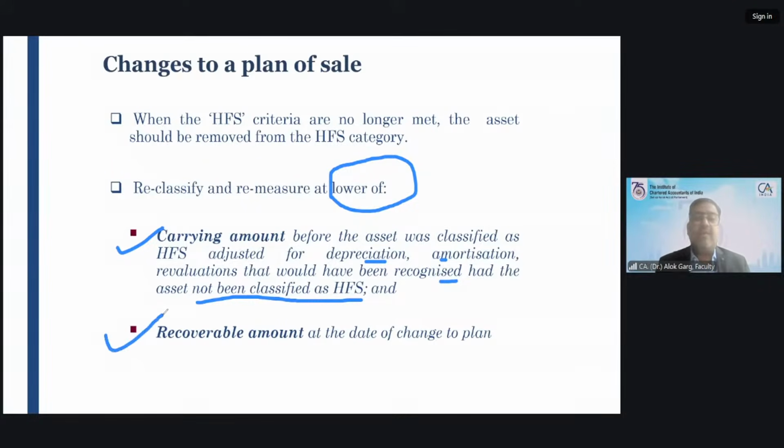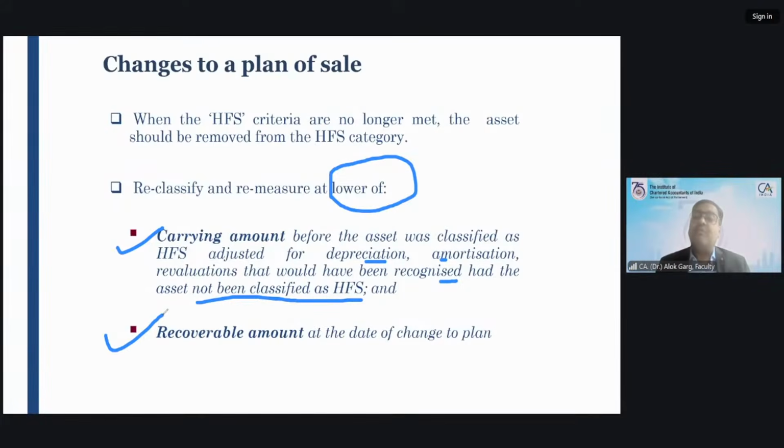Second, recoverable amount at the date of change of plan. Recoverable amount, right? What is a recoverable amount? The definition is given under Ind AS 36. Recoverable amount is the higher of fair value less cost to sell and value in use. Recoverable amount will be given in your question.